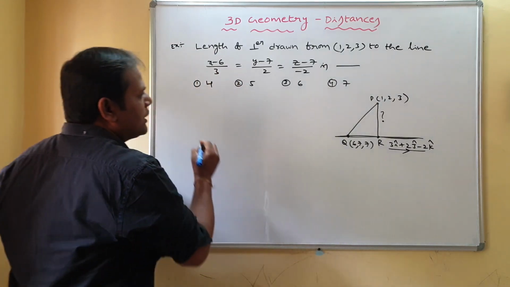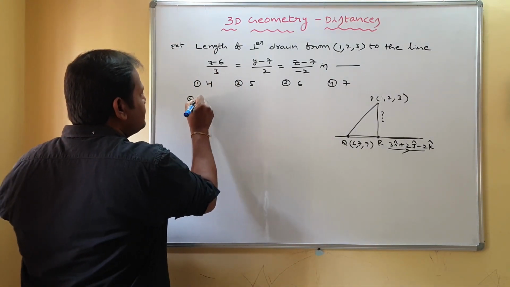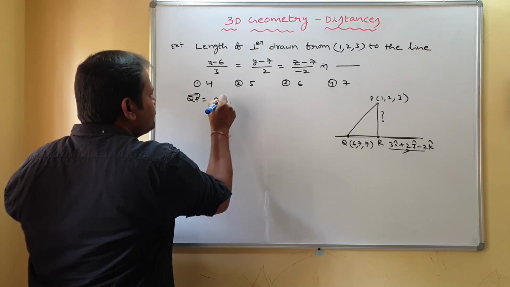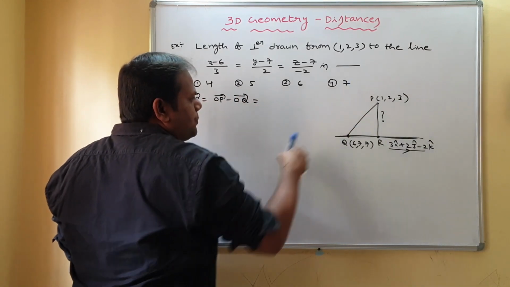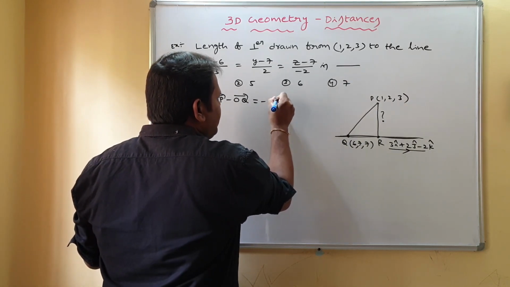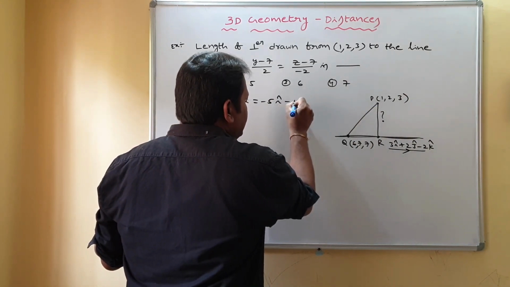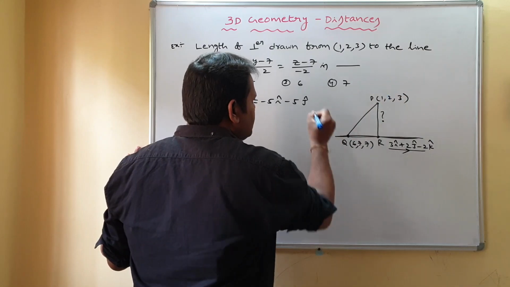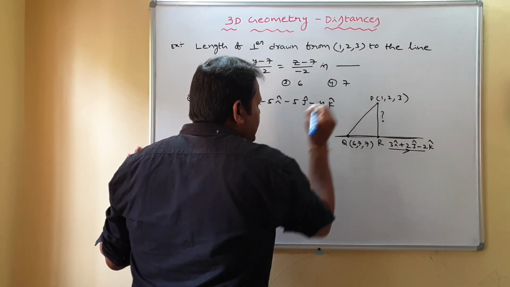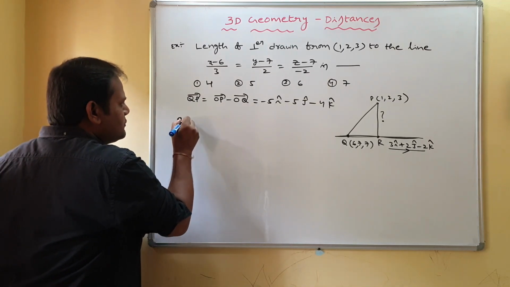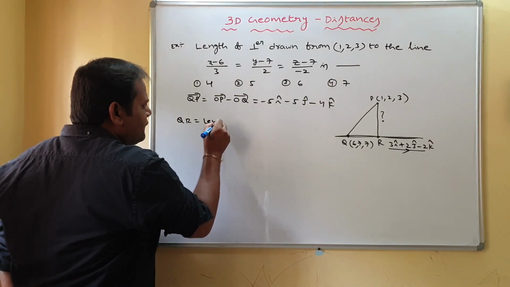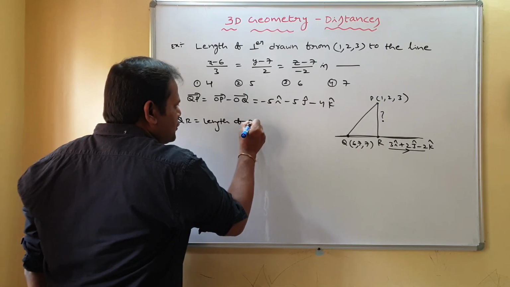So you tell me, what is QP bar? QP bar is OP bar minus OQ bar. You know that. So OP minus OQ is minus 5 i cap minus 5 j cap minus 4 k cap. Now we want QR. It is the length of projection.